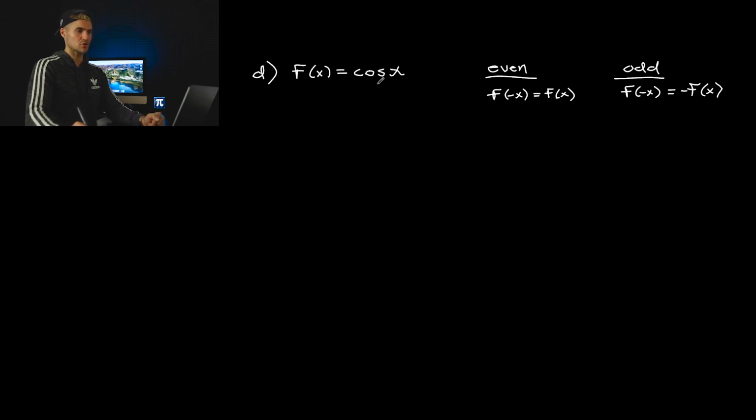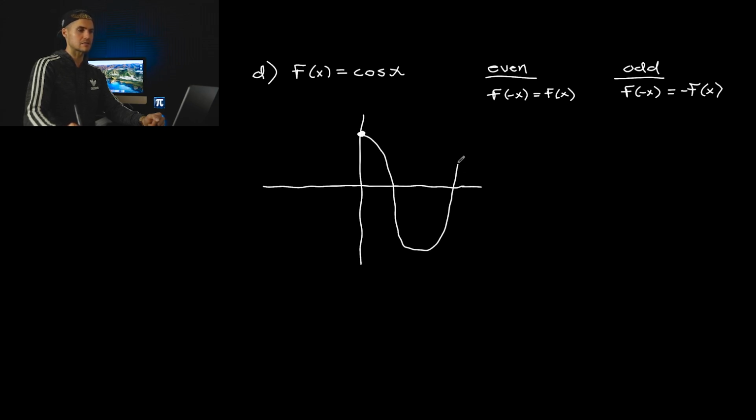So f of x equals cos x, the other parent sinusoidal function. So same thing. Let's graph it first, because in order to do it algebraically, we're going to have to know an identity. So if you remember, cos x starts at the maximum, and so it goes down like this and then comes back up. That's when it makes a full period.